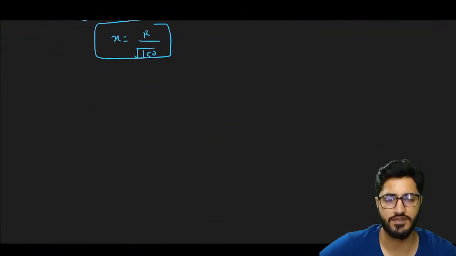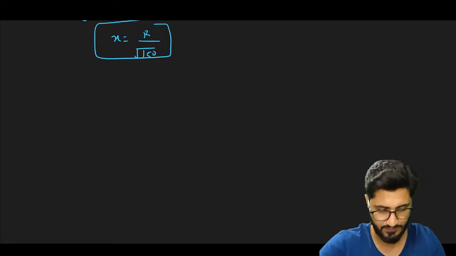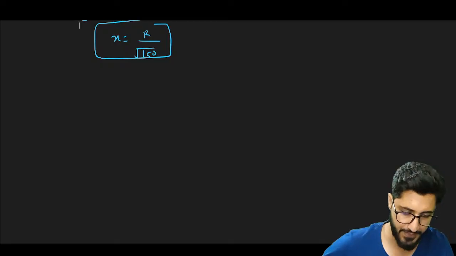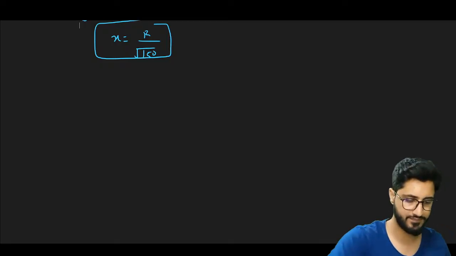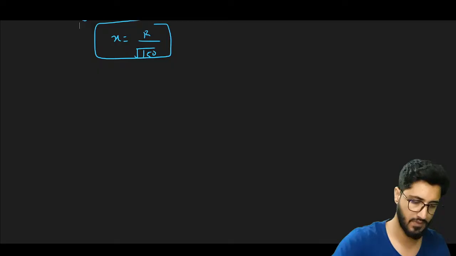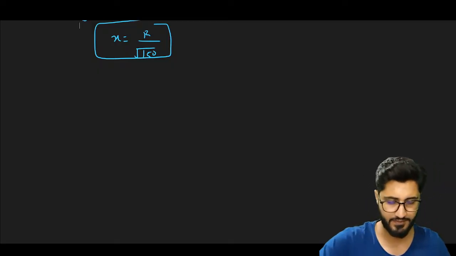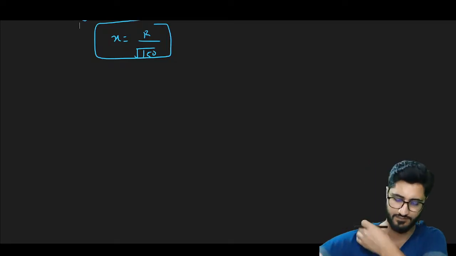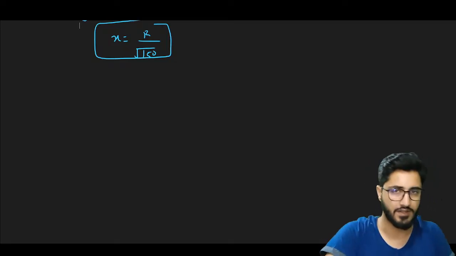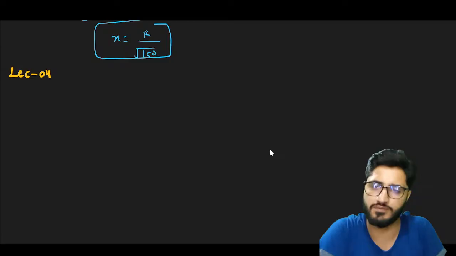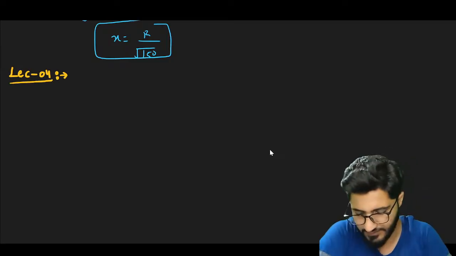I guess my screen is visible to you now. First, I need to check it by my own side. 1 second. Okay, now. Okay, so we are dealing with lecture number 4. Lecture number 4. Yes, it is visible.